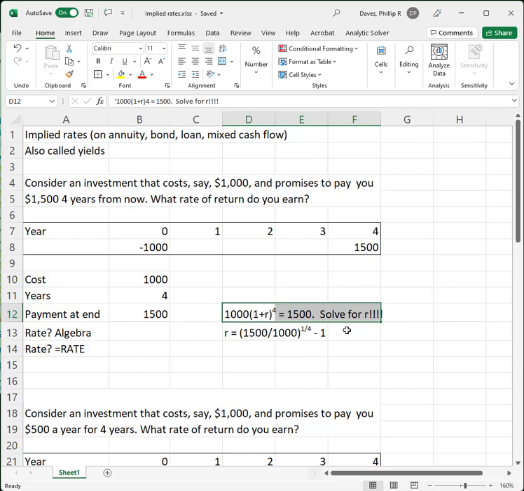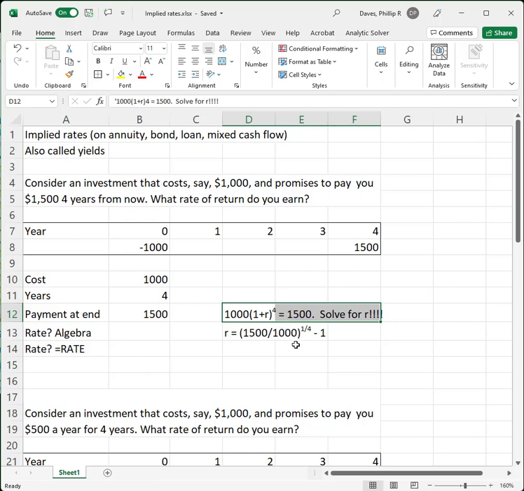This is basic compounding, a basic time value of money calculation. Now, if that $1,000 is going to grow to $1,500 over year 4, as this timeline shows, then 1,000 times (1 plus R) to the 4th equals 1,500. We can solve this using 7th or 8th grade algebra for R.